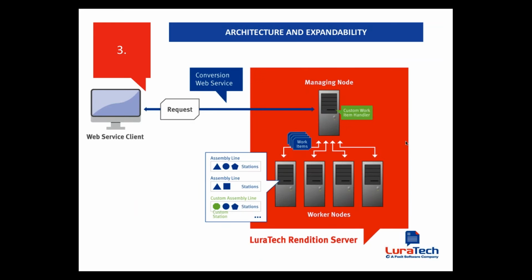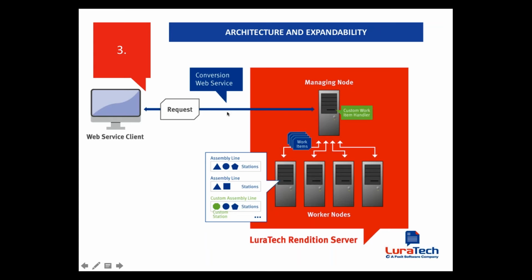I'm also supposed to talk not only about the technology and the architecture, but also about the expandability of the product. Let me zoom in a little bit and open up a more detailed view of the rendition server in order to explain it. Again, up here is our blue, bold line, the conversion web service as we had it before.